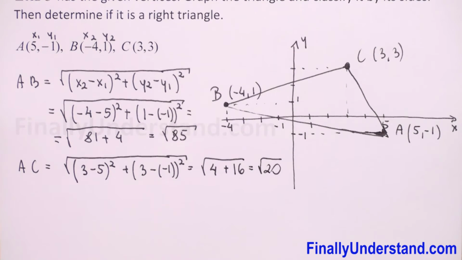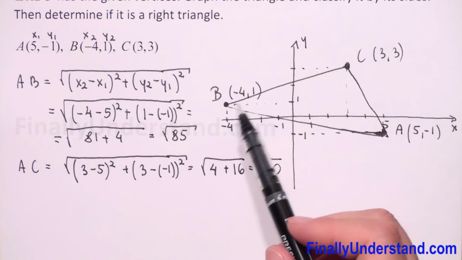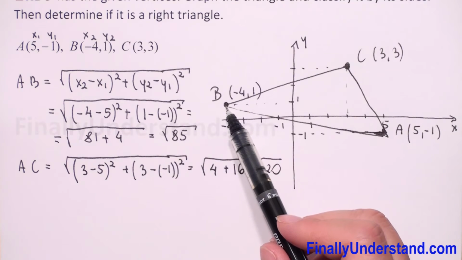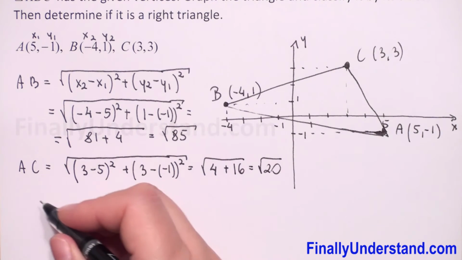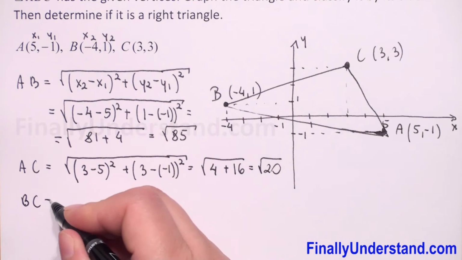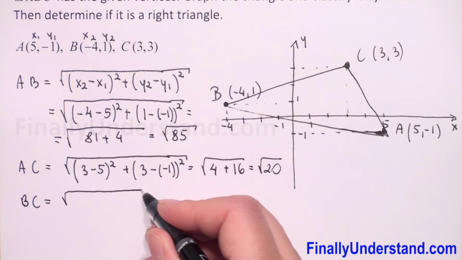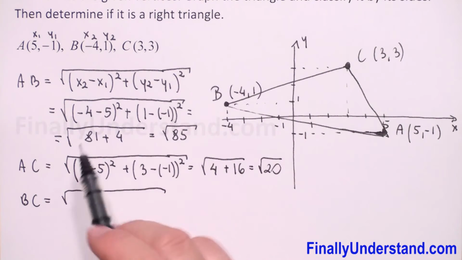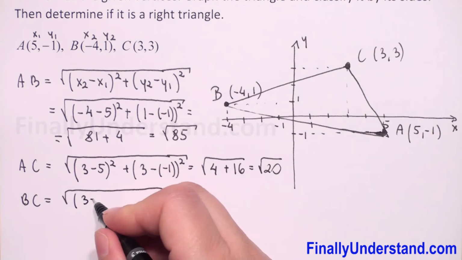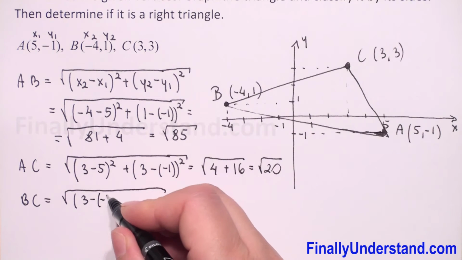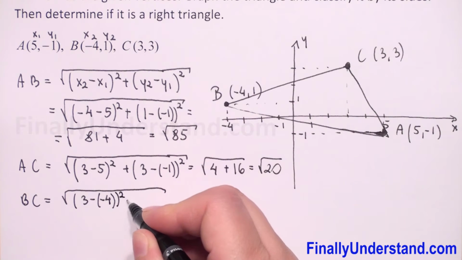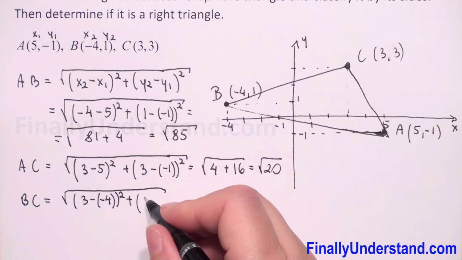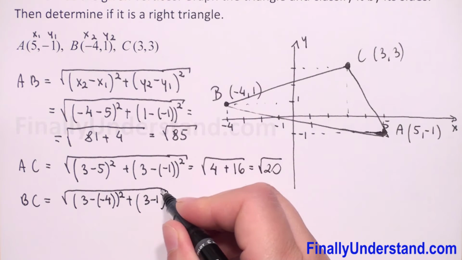And now we have to find the distance between points B, C. We will use the same formula. First we have to subtract x coordinates. So we have (3 minus -4) to the second power plus (3 minus 1) to the second power.